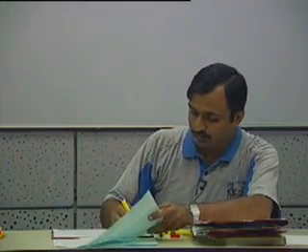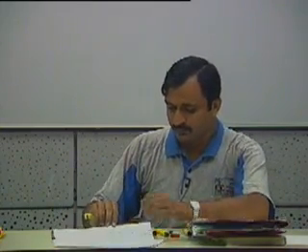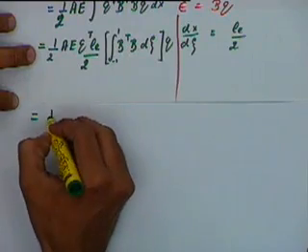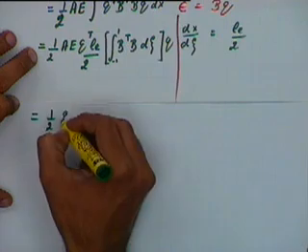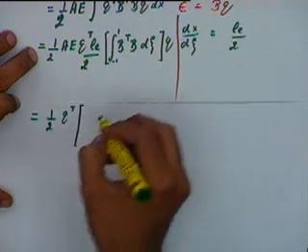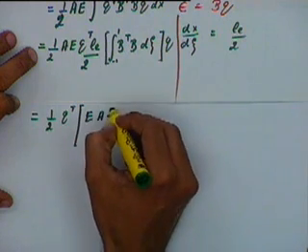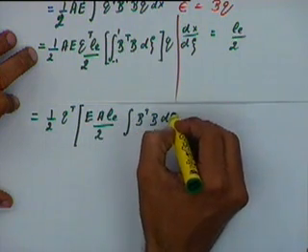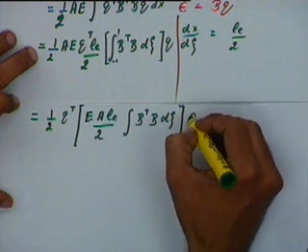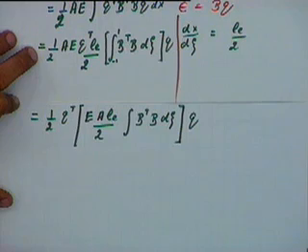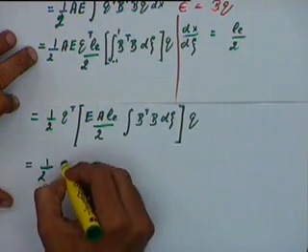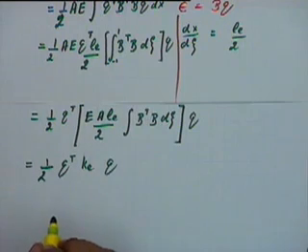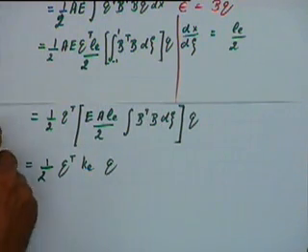What we will do now, this step will say is equal to half of Q transpose into terms inside which will contain E into A into LE by 2 into integral of B transpose B d zeta, and this whole is multiplied by Q. This will say is equal to half of Q transpose KE into Q, where KE is the element stiffness matrix.